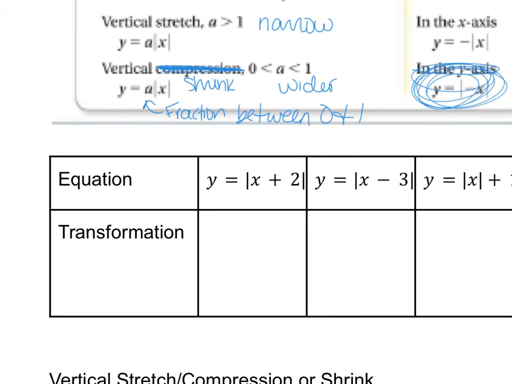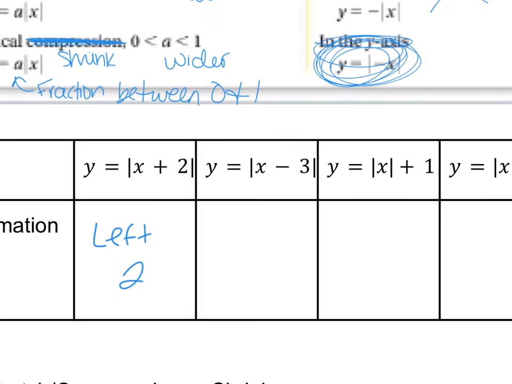Okay, so we have x plus 2 inside the absolute value. What is that transformation? So that is a shift, and it's going left 2. If you don't believe me, look up at your little chart up above. Now we have inside the absolute value x minus 3.